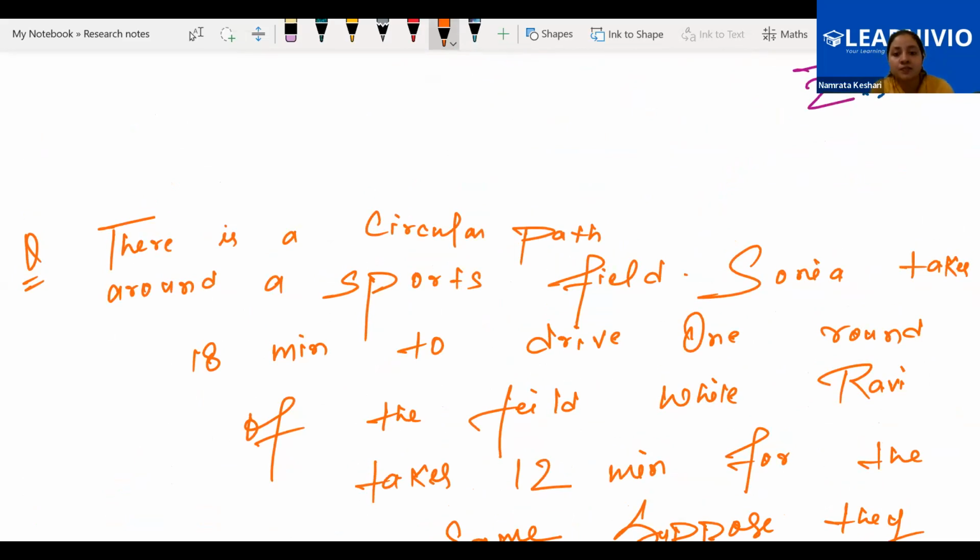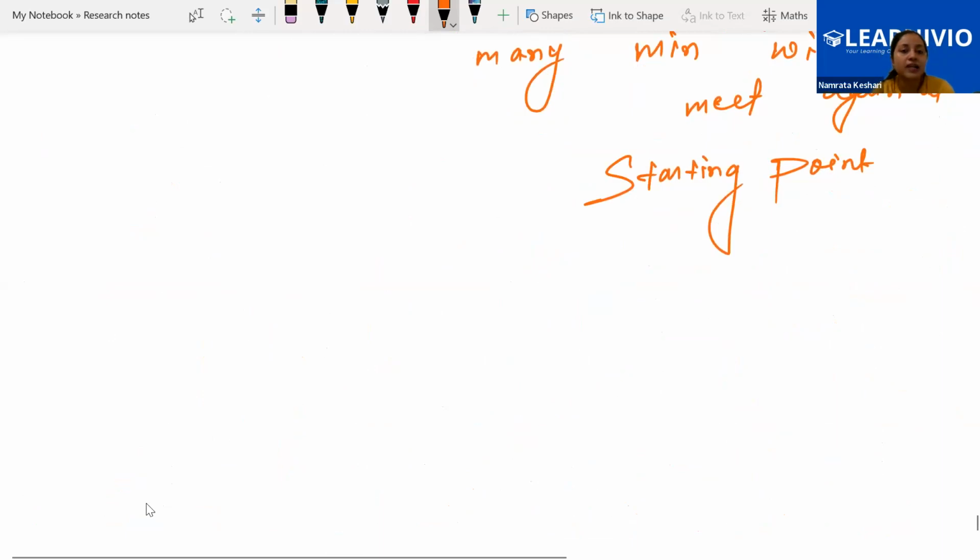We only have to see if we are having this type of question where two persons start working on a particular project and both are taking their own time, and finally we have to see at what time again they will meet, or a few bells are there. Suppose there is a bell A, bell B, bell C. Bell A is ringing at a particular time, bell B is ringing at a particular time, and their interval is given.